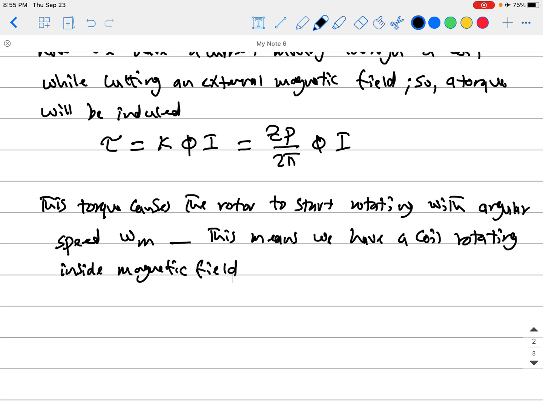Remember this case? It's now Faraday's law for generation. Now you have a coil moving inside a magnetic field and cutting it. Now an induced voltage will be developed or induced in the coil.